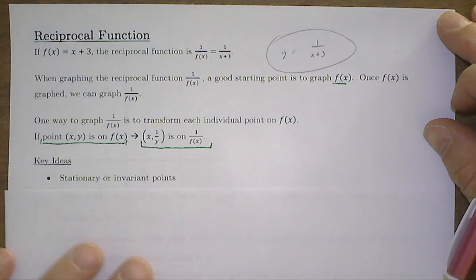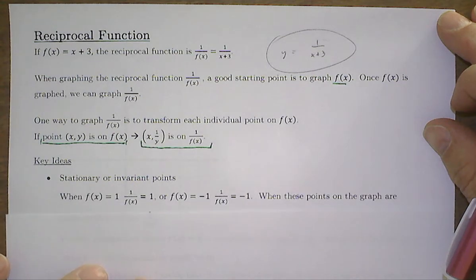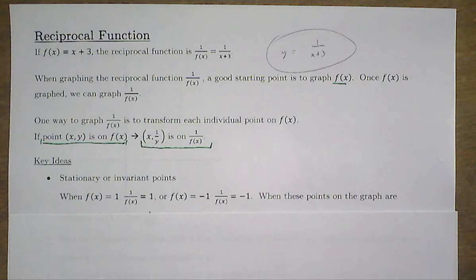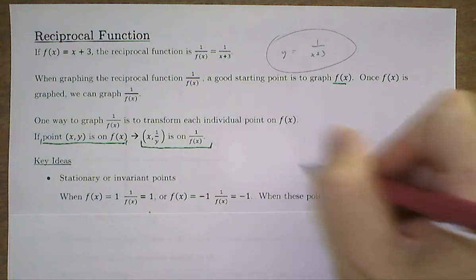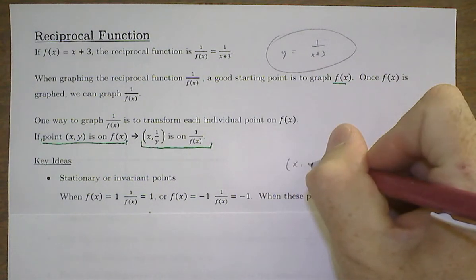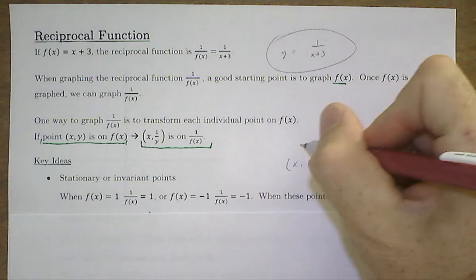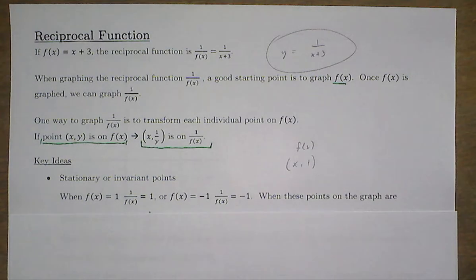So we have a stationary or invariant point, they're called. When f of x is equal to 1, 1 over f of x is equal to 1. That comes from the fact that we have point x, comma 1.